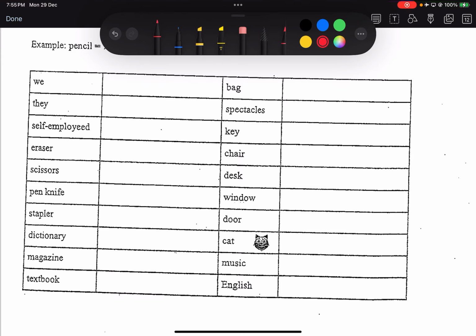So they is anatagata. Okay, self-employed: 自営業. Very good.